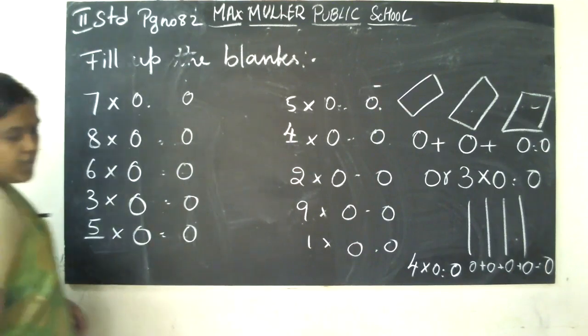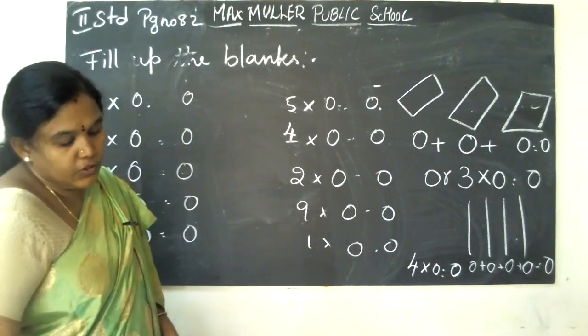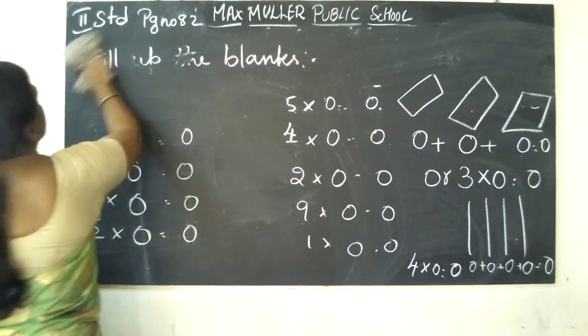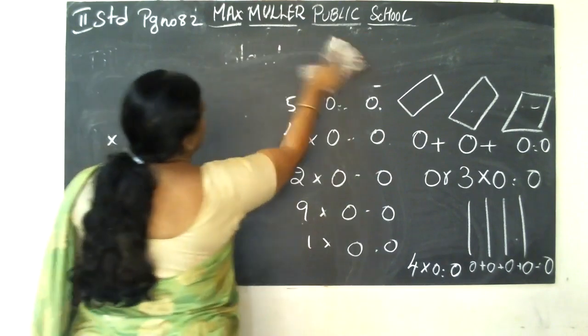Now we'll go to vertical multiplication of a one digit number by a one digit number without carrying. Page number 82 only.